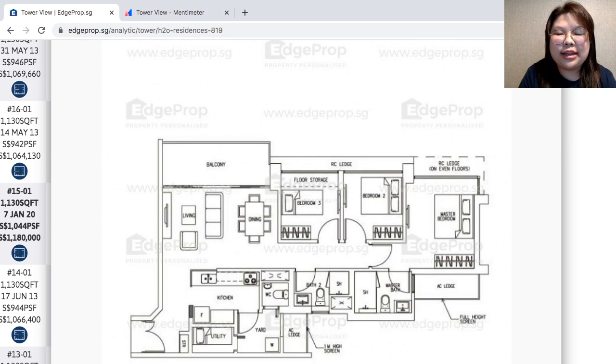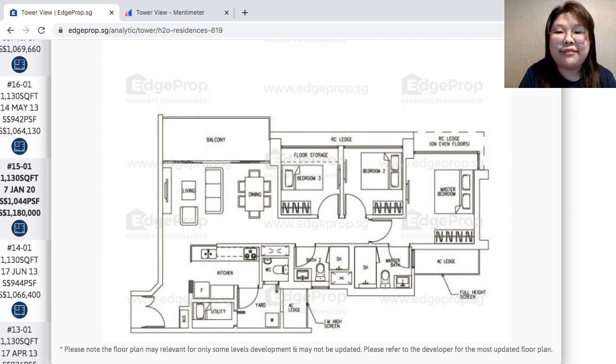This floor plan you will be able to save very easily. If you're on your mobile phone, you need to press and hold for iPhone. If you are on the laptop or desktop, all you need to do is right click, save image as, and then you'll be able to save the floor plan.